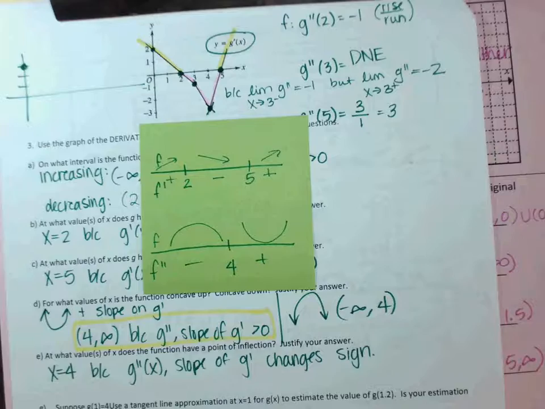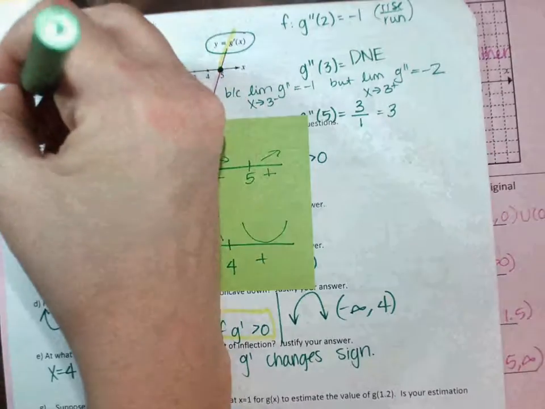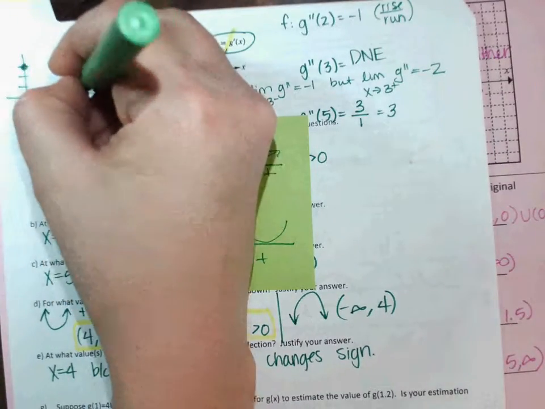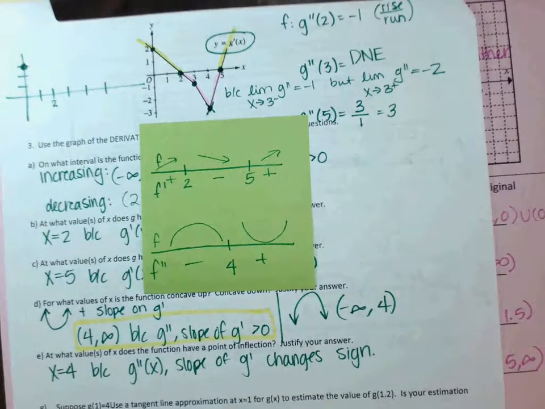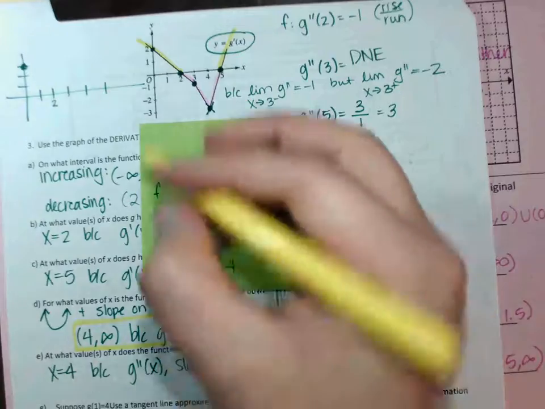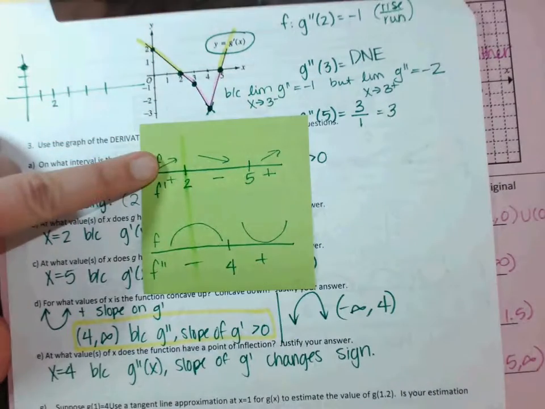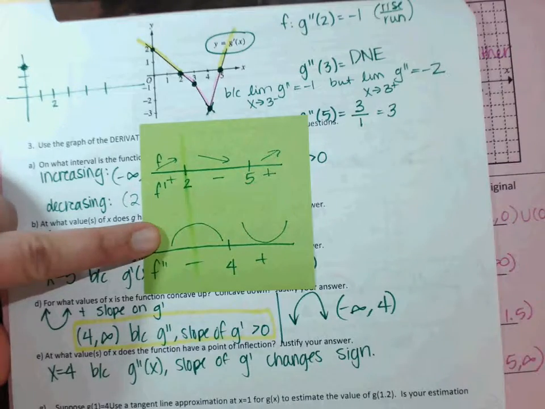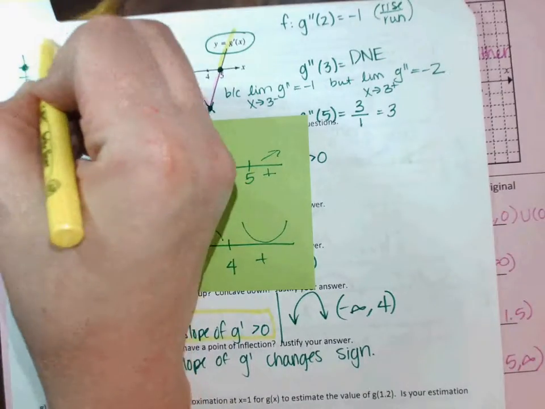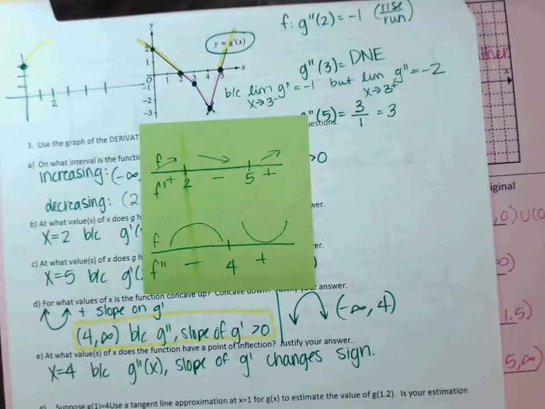Okay, from 0 till 2. So 1, 2, 3, 4, 5. Okay, here's 2. From 0 to 2, I want to make sure that my graph is increasing and what? Concave down. So I'm going to increase, but I'm going to stay concave down.